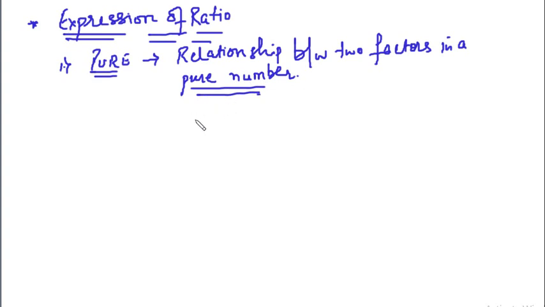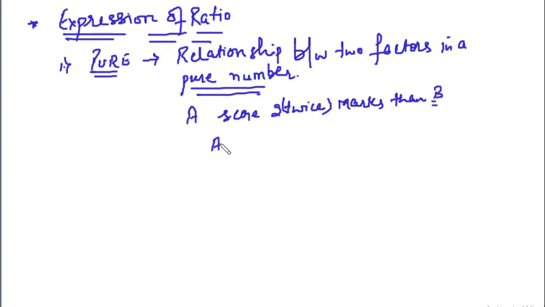Right, like I say, A scored twice the marks than B. That means if A's marks is 2, B's marks is 1.